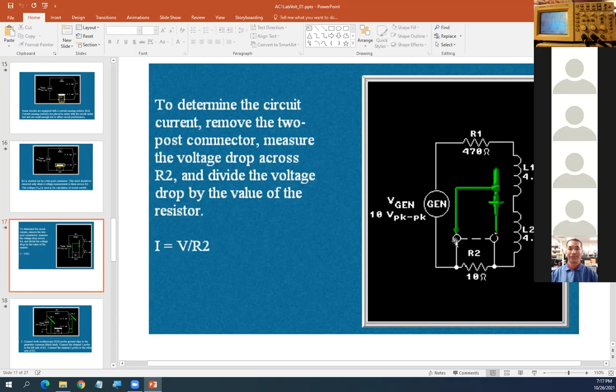Well, for the current, you have to break the circuit. Now they broke it already. Oh, okay. Yeah, that's what you can measure with the DMM. Then you can get the RMS current. That's a current.